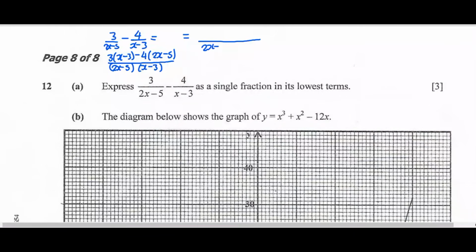Then we can expand the upper part. So 3 times x will give us 3x. 3 times 3 will give us 9. Then negative 4 times 2x will give us negative 8x. Negative 4 times negative 5 will give us positive 20.